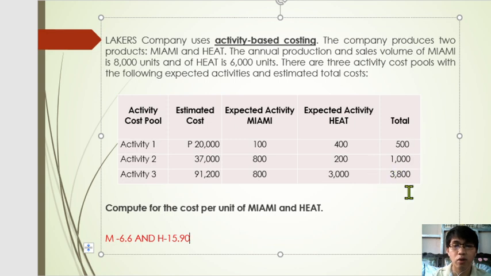So makukuha mong cost doon, yun yung total cost ni Heat for activity 1, 2, and 3. Since ang tinatanong is the cost per unit, yung total cost na mako-compute mo when adding all those costs, i-divide mo sa production of Heat na 6,000 units. You will be arriving at 15.9 per unit. So that is the illustration number 1.